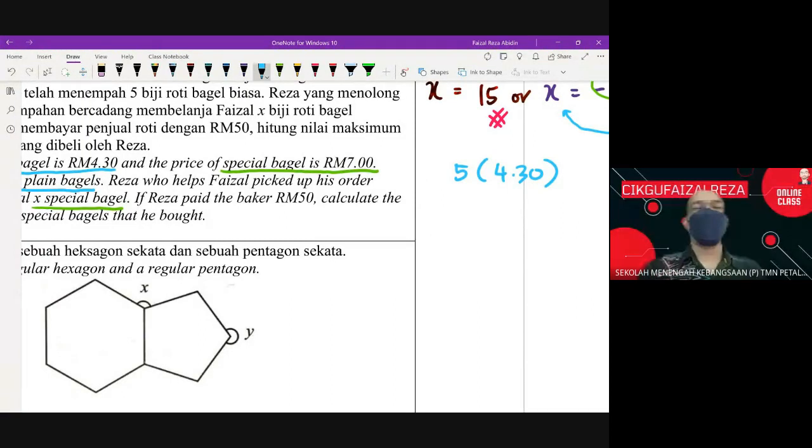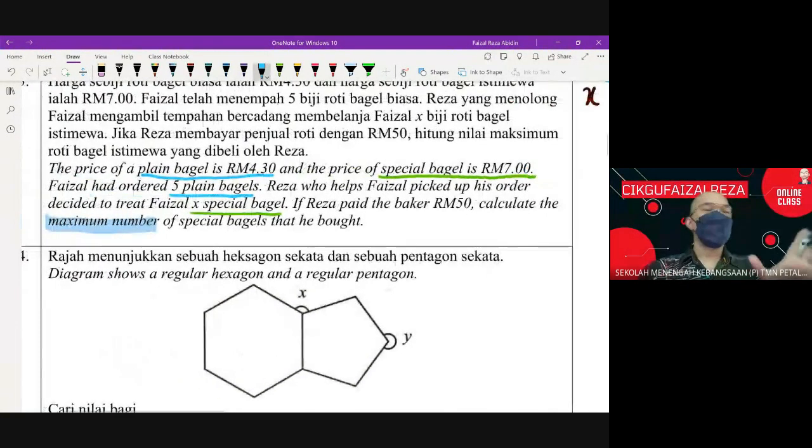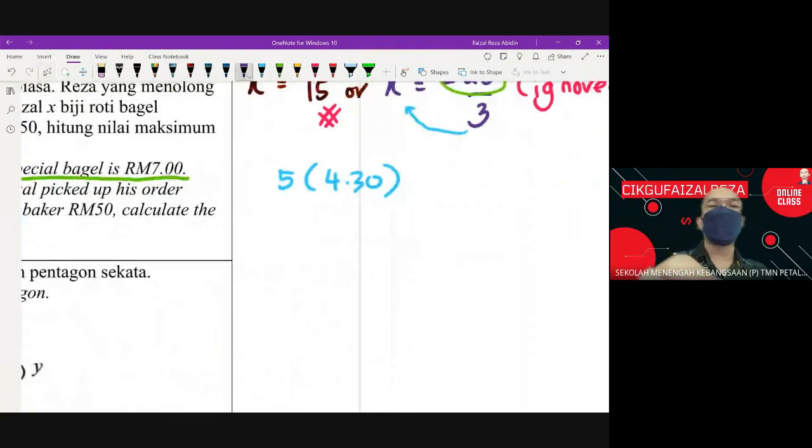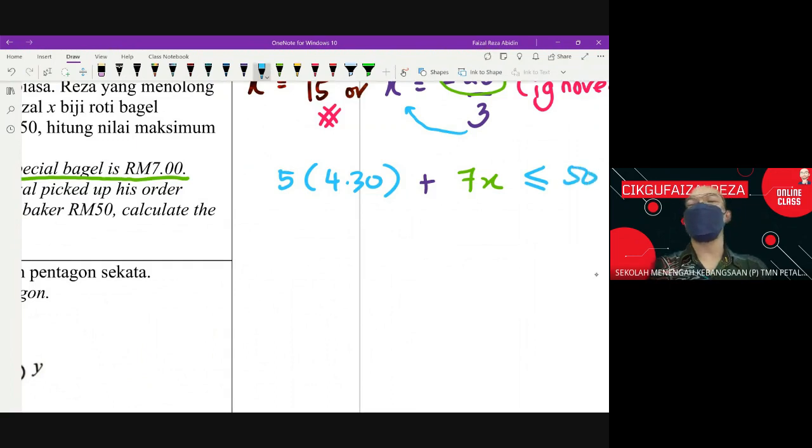Did we know how many special bagels? No. That means we are going to have plus x times 7. You put 7x straight away. Can you understand? It cannot be more than 50 ringgit. It is going to be less than or equal to 50 ringgit. That's why I say it is inequality.